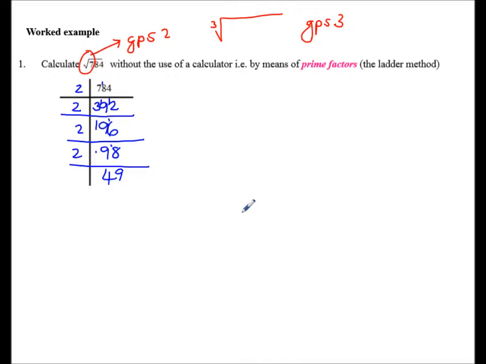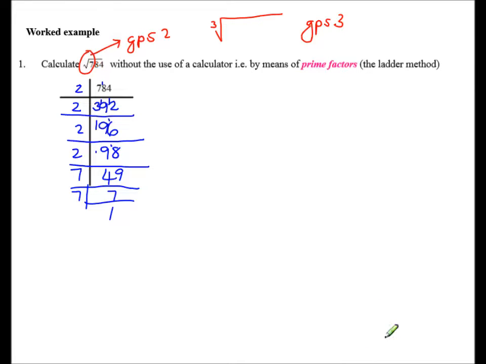If I use my divisibility rule of 3, 9 and 4 is 13. 3 can't go into 13, but at this stage you should recognize that that is a square number, and it is 7 squared. So I divide 7 into 49, which goes 7 times. 7 goes into 7 once.